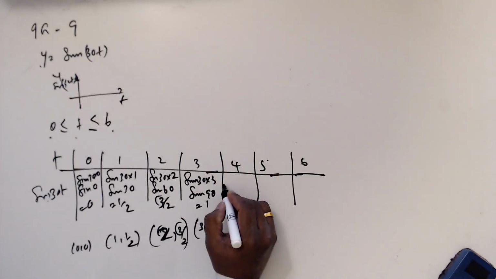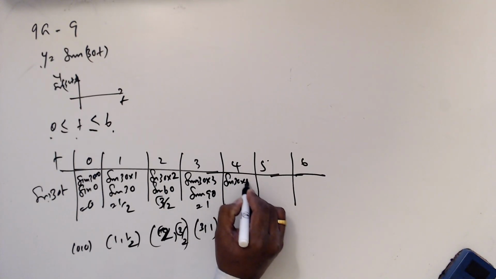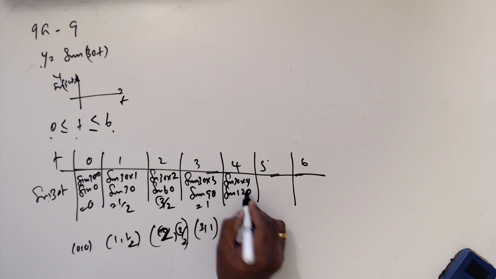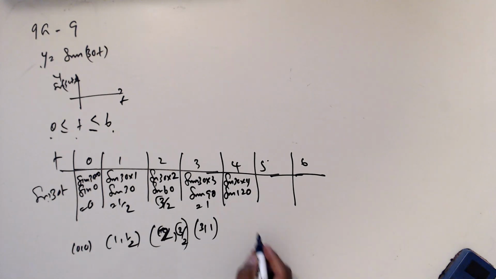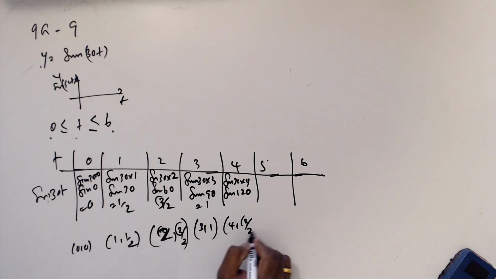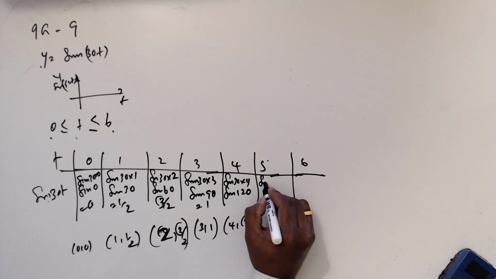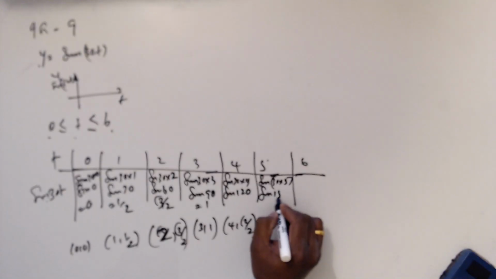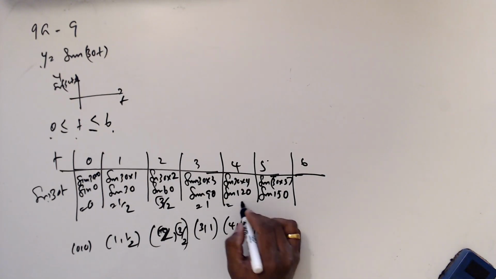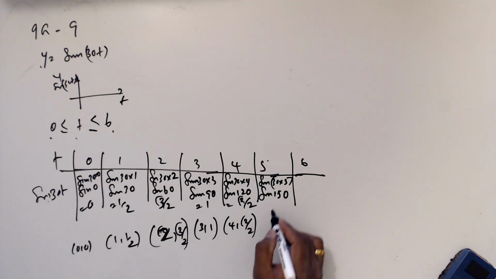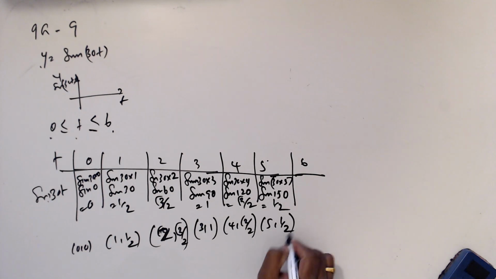Then sin of 30 times 4 is sin 120, again square root 3 over 2. And sin of 30 times 5 is sin 150, which is half, so (5, half).